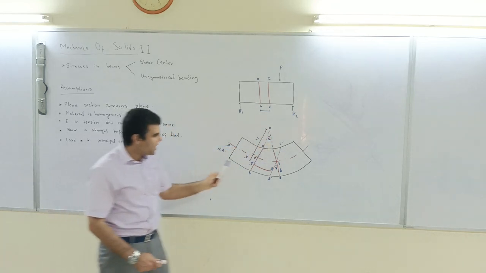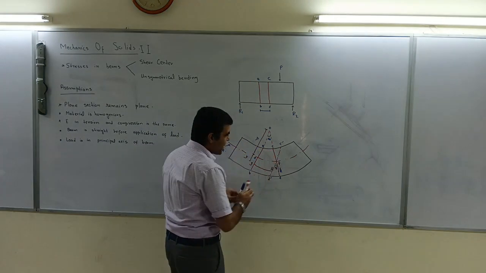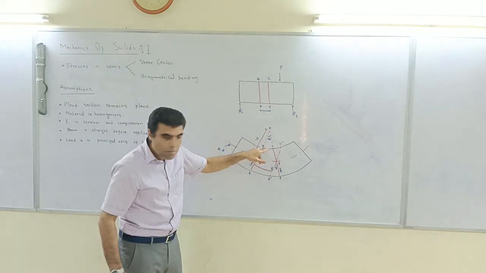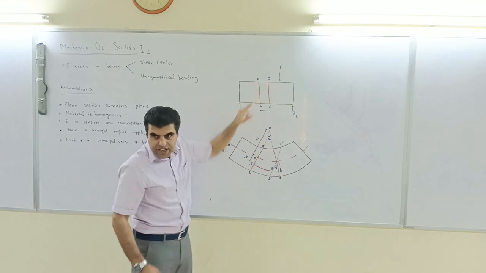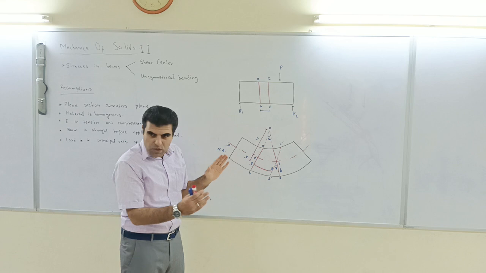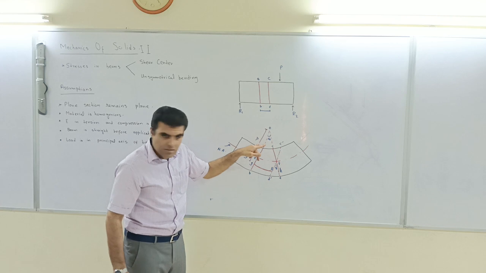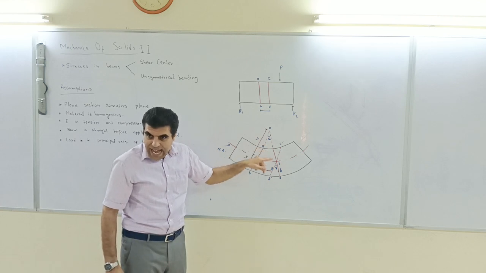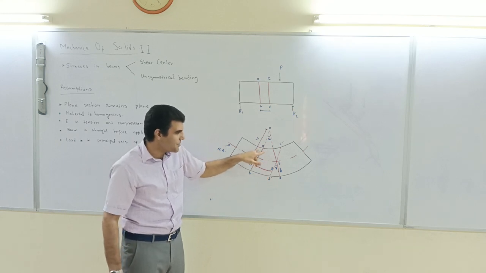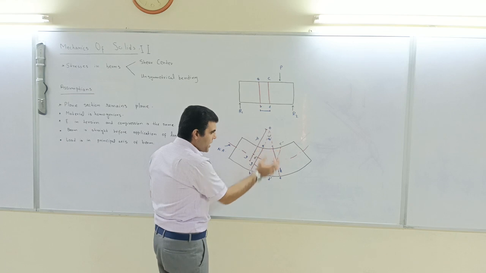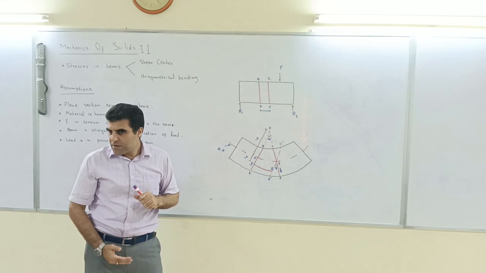What will happen is that AB and CD will move in such a way that the top points AC will come closer and the bottom BD will go further apart.